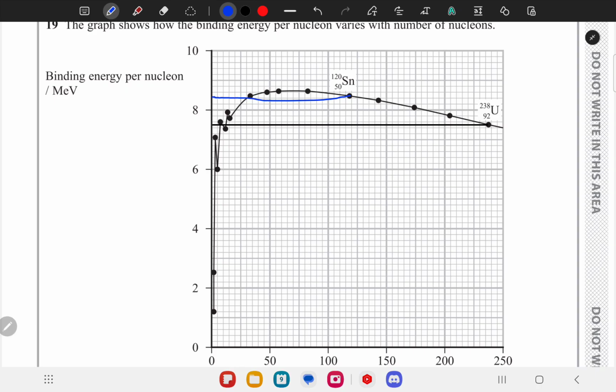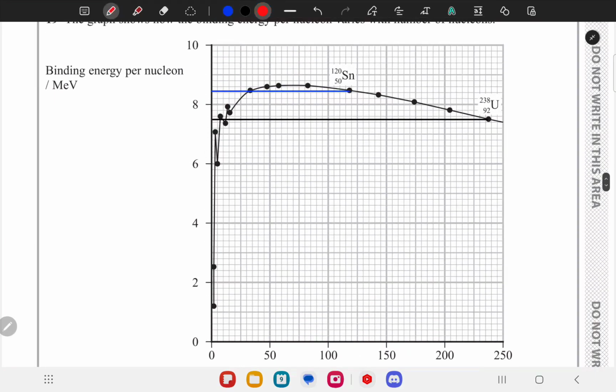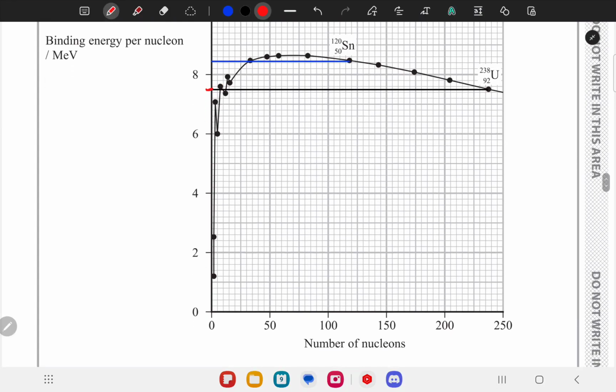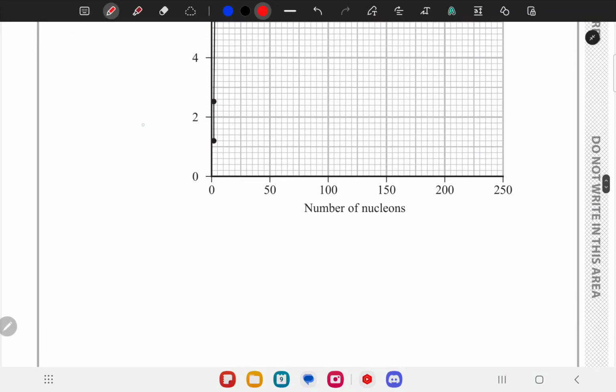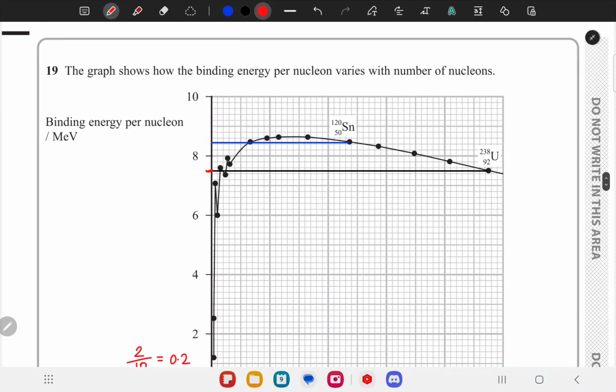For uranium, the binding energy per nucleon, each 10 box is 2, so each small box is 0.2.